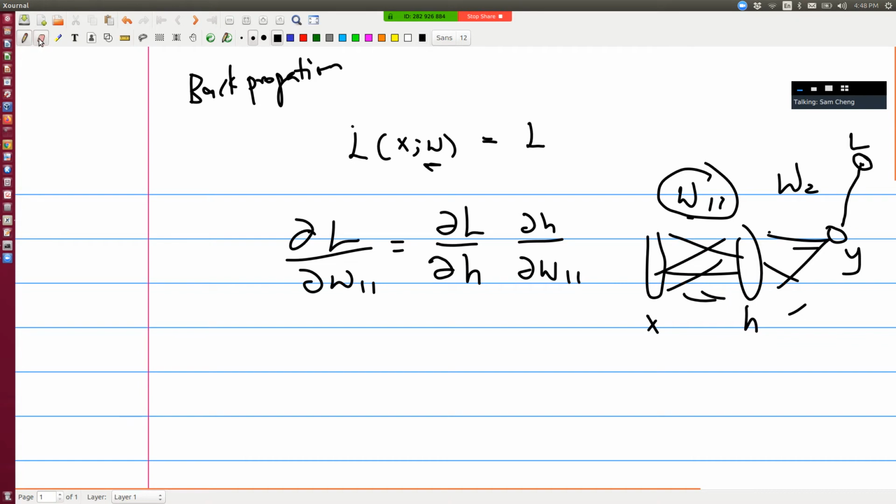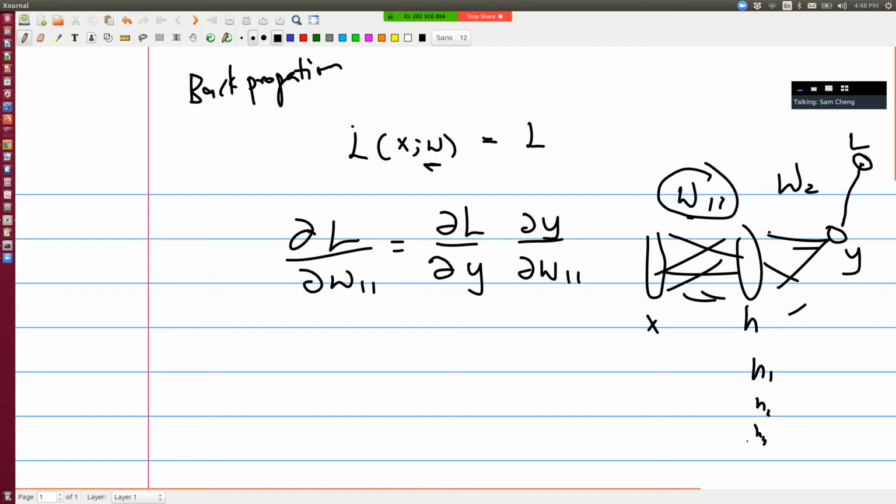Maybe this may not be the best example. Maybe I use Y instead. Then I can continue to split. For example, partial Y partial W11 is related to several of these variables, probably H1, H2, and H3.